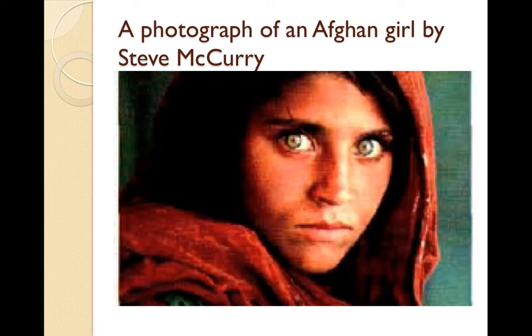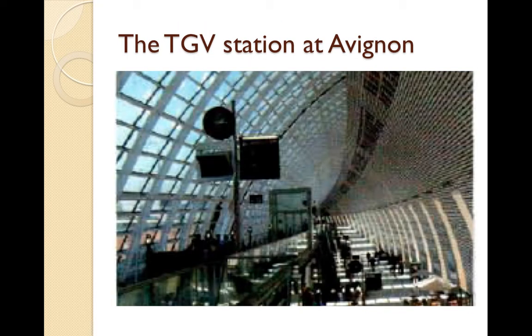You can see her face, the way she is dressed, and you may understand her culture or her situation in life just by looking at her face. Here is another picture from our textbook, the TGV station in Avignon. I have no idea about this picture, but it's a kind of art as well, and the artist wants to show us something. There is meaning behind that picture as well.